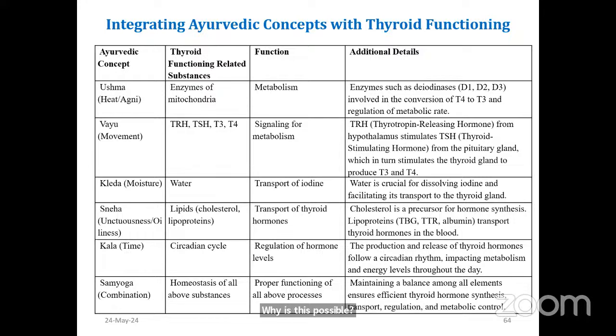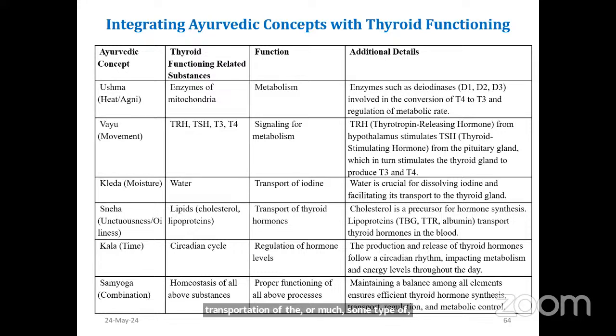So TRH, TSH, T3 and T4 can be considered as molecules of Vayu. They are signaling for the metabolism. Kleda is considered as water. This is important for the transportation of iodine. Sneh can be considered as lipids, cholesterol or lipoproteins, and it is useful for transportation of the thyroid hormones from the thyroid gland to the cellular level.